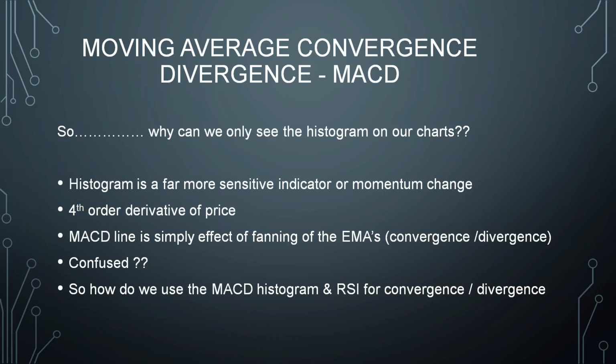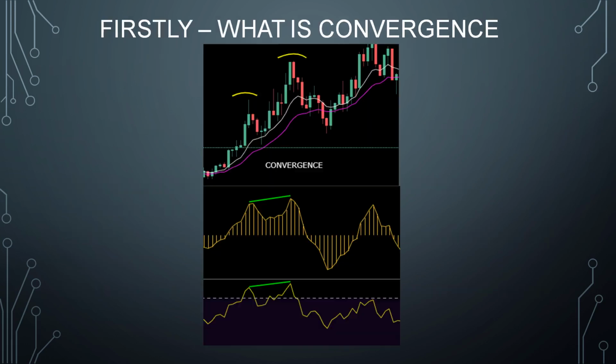And the histogram, being a fourth order derivative of price, as explained in my previous video, is far more sensitive and shows momentum changing or turning a little bit sooner than using the MACD line alone. Again, hit me up in Discord if you don't quite understand that, or go back to my charting and TradingView video to have a look at that again.